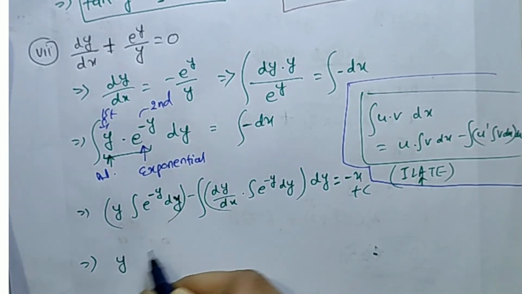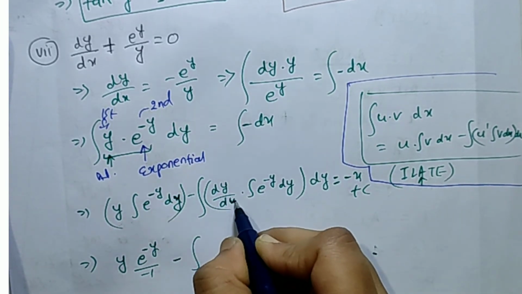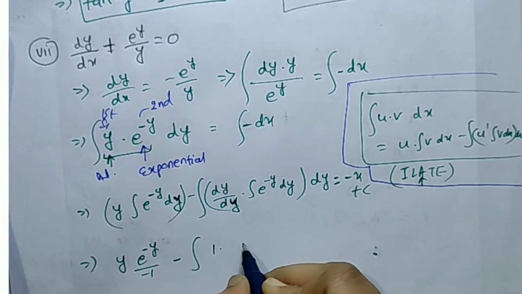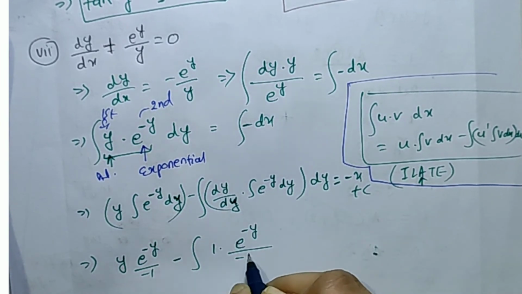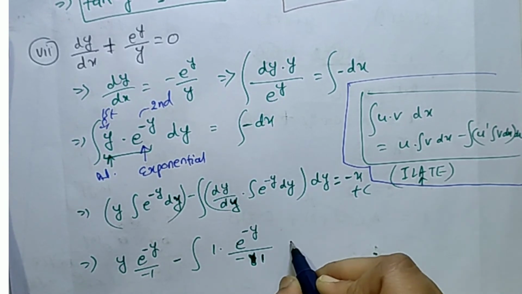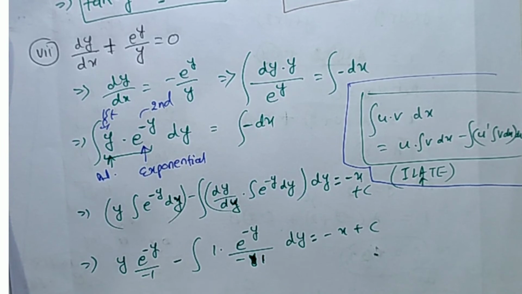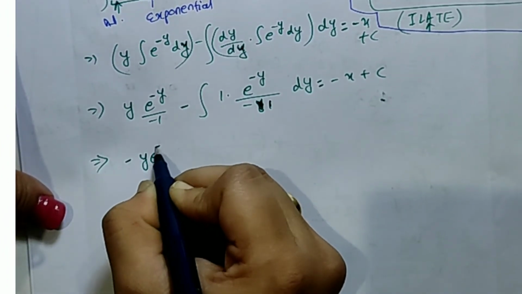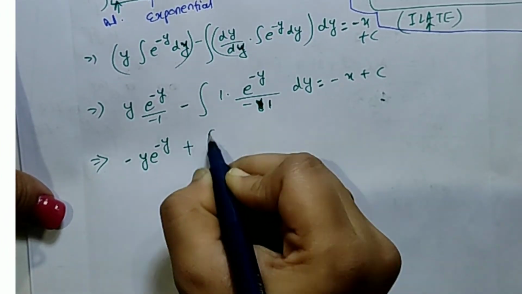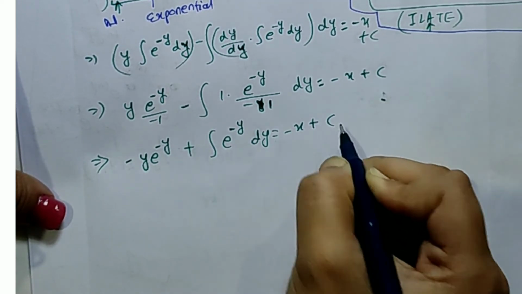Y into integration of e power minus y will be e power minus y by minus 1, minus integration of dy by dy, which is 1, into e power minus y integration, which is e power minus y into minus 1, into dy, is equal to minus x plus c. This implies minus of y e power minus y, minus minus plus, integration of e power minus y dy is equal to minus x plus c.